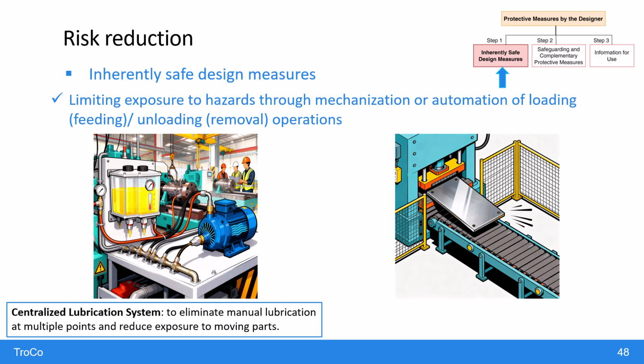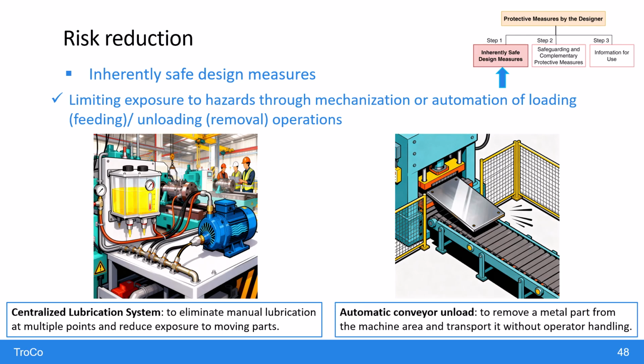This reduces exposure to hazards, while the operator still handles monitoring and refilling. Automation, on the other hand, requires little or no operator involvement. The system performs tasks independently. For example, an automatic conveyor can remove a metal part from the machine and transport it without any operator handling.